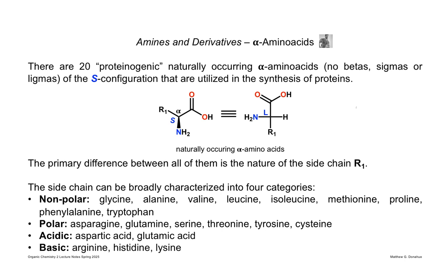But we're going to return to them in Module 5. So any amino acid you see up here, you can make through the Strecker reaction. They have the commonality of the alpha amino and then the acid part. What is different is the side chain. So up here, I've indicated that as R.